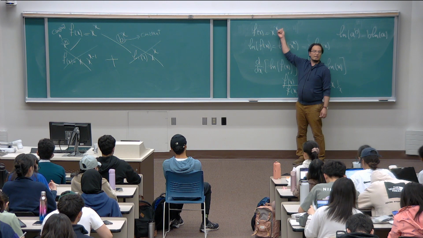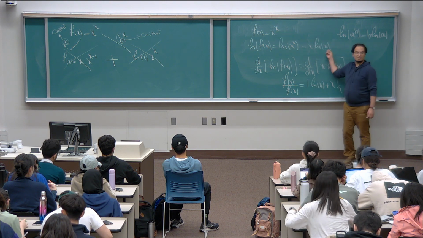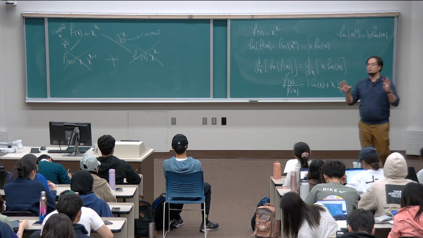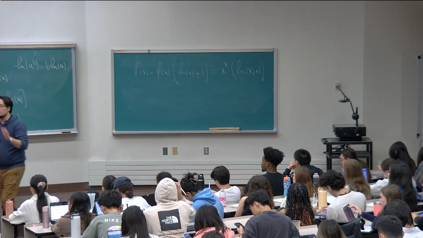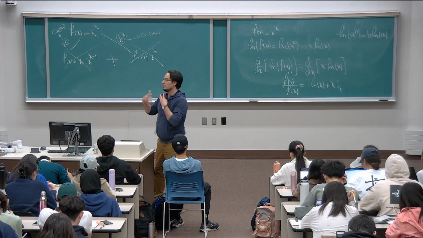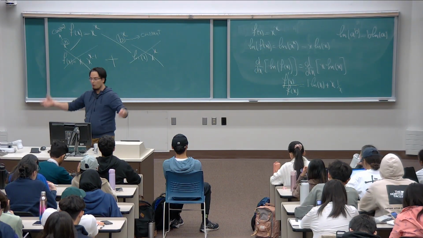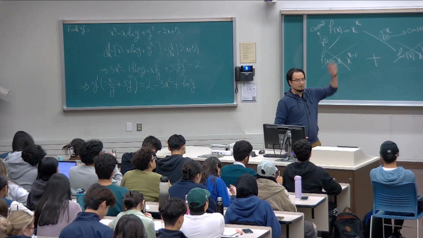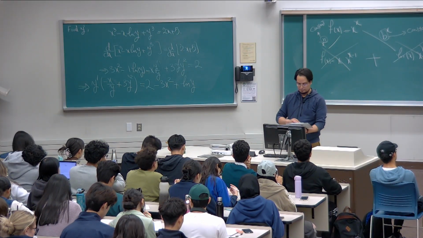X to the power x, if you take ln, you can simplify to a product. So we are trying to use the properties of the ln function to turn ln of your whole function into a simpler function, differentiate, and then solve that for f prime.